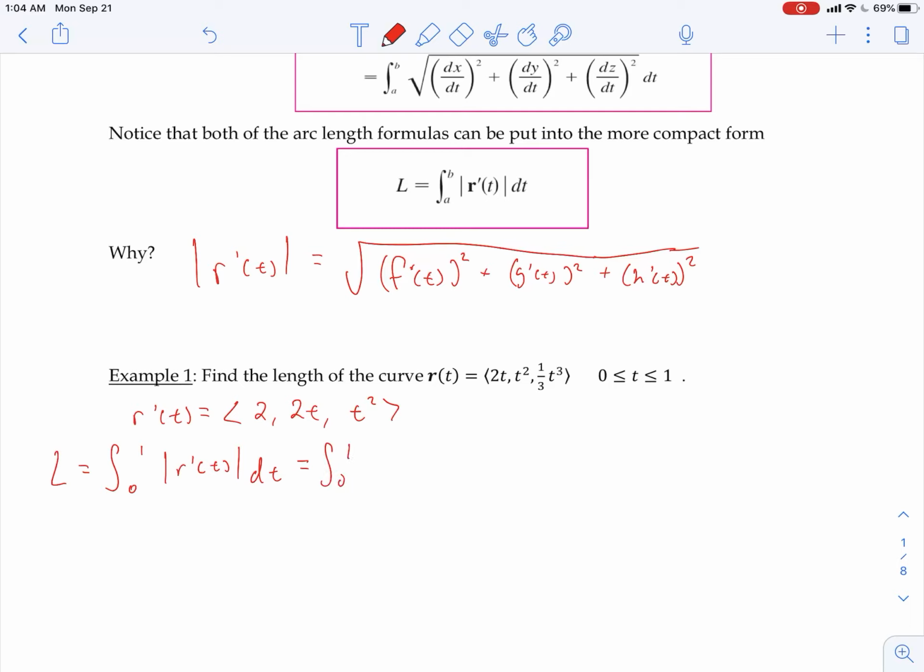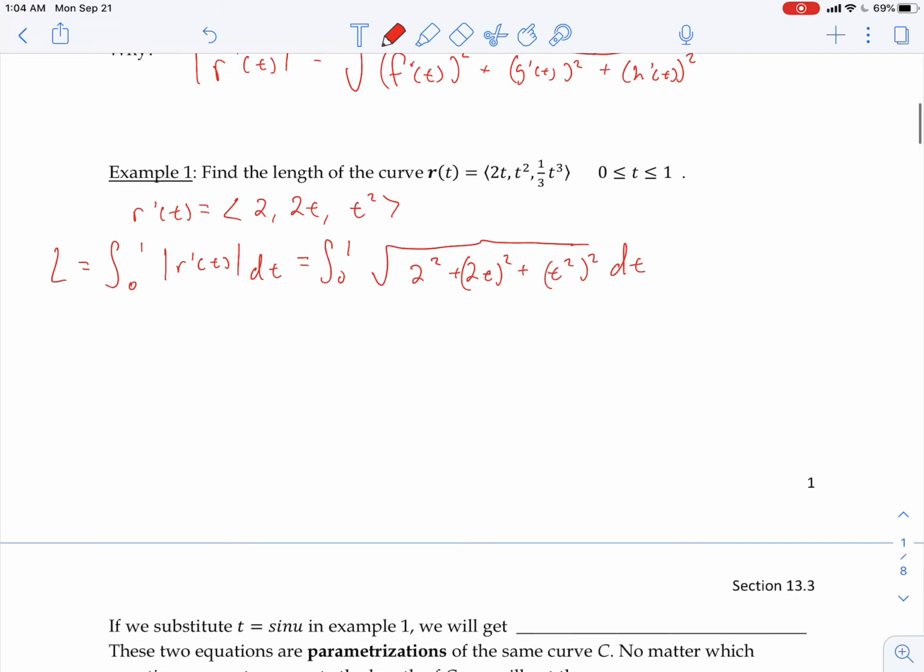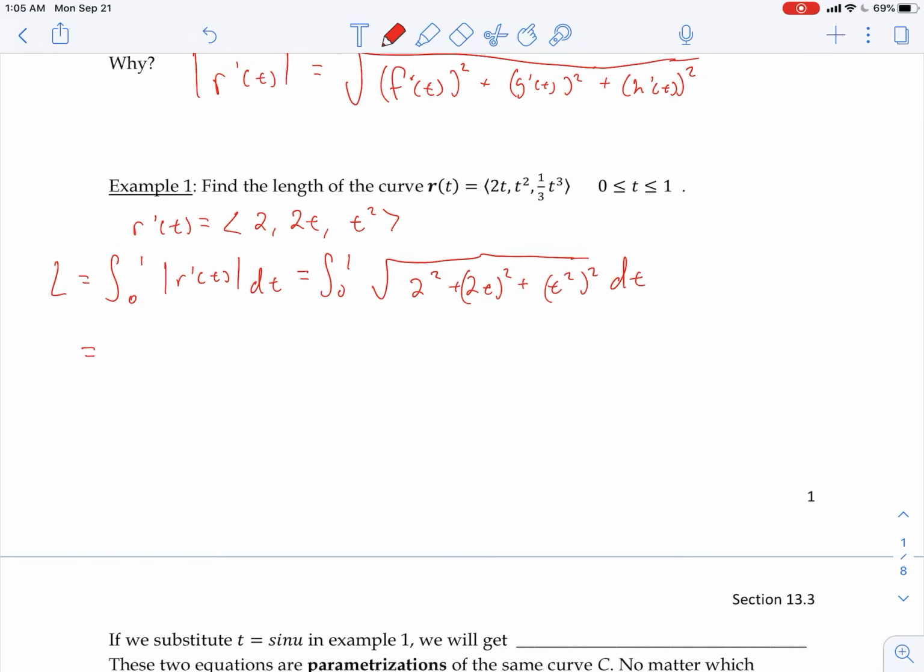So let's rewrite this as the integral from 0 to 1 of the square root of 2 squared plus (2t) squared plus t squared, dt. Let's combine what we can. 2 squared is 4, plus (2t) squared is plus 4t squared, and t squared squared is just plus t to the 4th, dt.